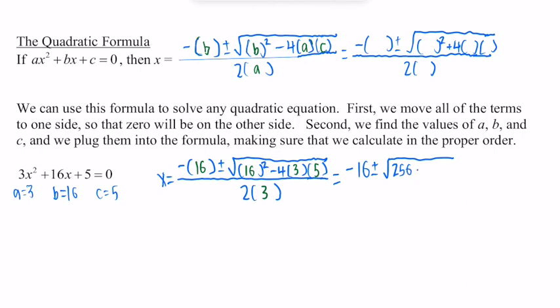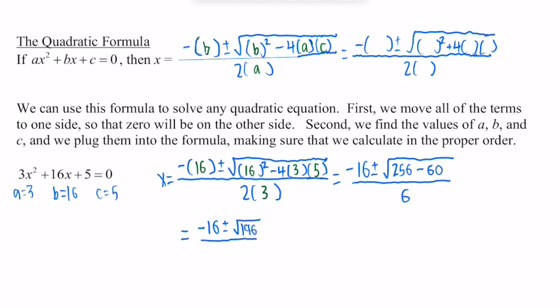And then negative 4 times 3 times 5 is minus 60. And in the denominator, 2 times 3 is 6. Now we would go ahead and subtract the numbers under the square root. 256 minus 60 is 196.